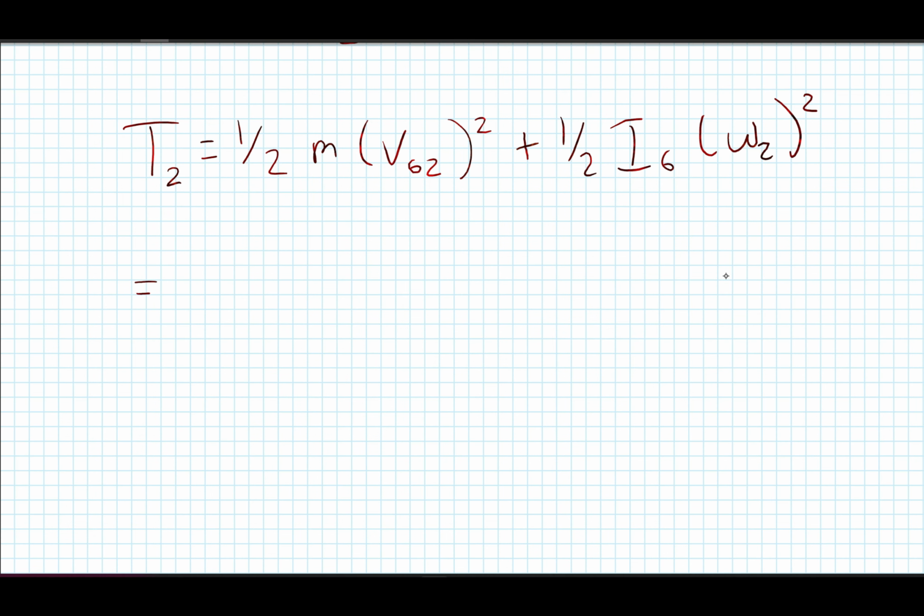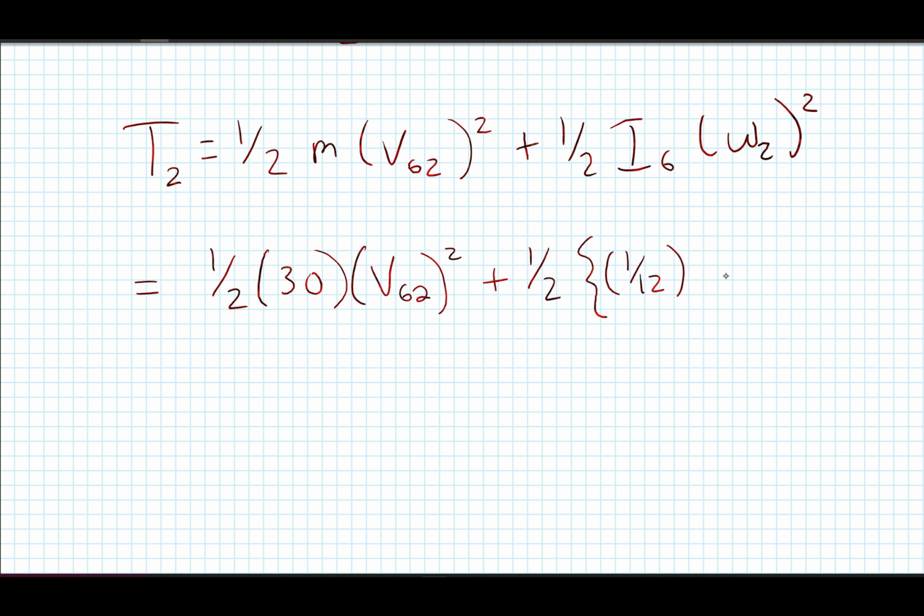So now we have 1/2 times 30 times v sub g2 squared plus 1/2 times the quantity of 1/12 times 30 times 1.5 squared, and that'll be times omega sub 2 squared.